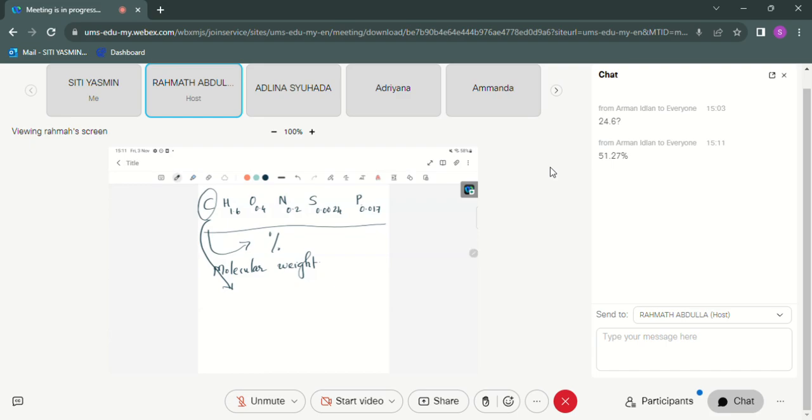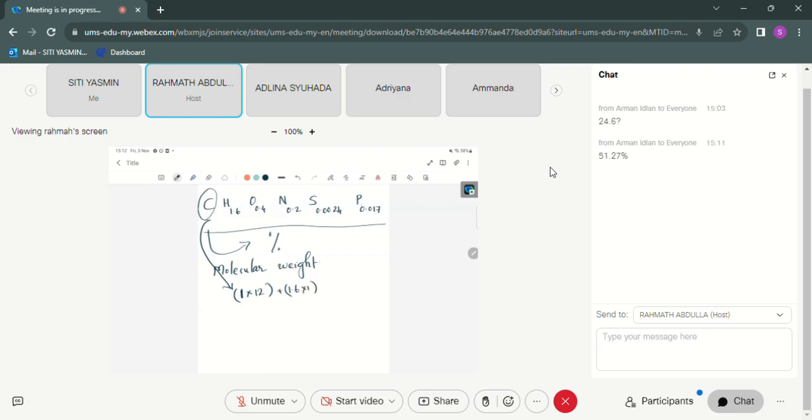I will just show you how to do it. So the first one is carbon. Carbon is 1, isn't it? 1 times the molecular weight given in the question, 12, plus hydrogen is 1.6 times the molecular weight given, 1.